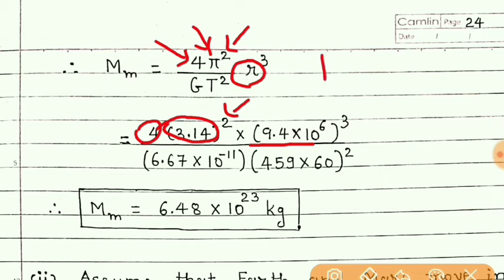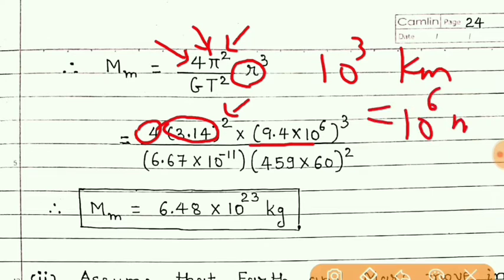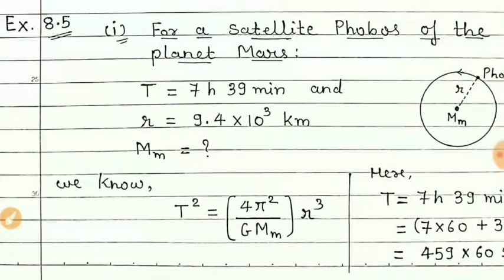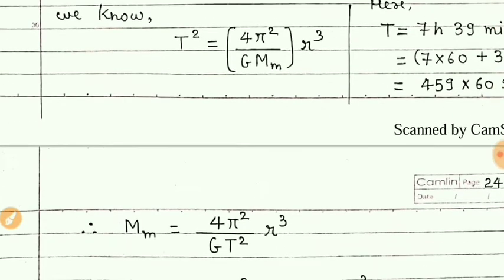Now we know that 1 kilometer is equal to 10 raised to 3 meter, and that's why this distance was given in kilometer, so we have converted this into meter, so power becomes 10 raised to 6.